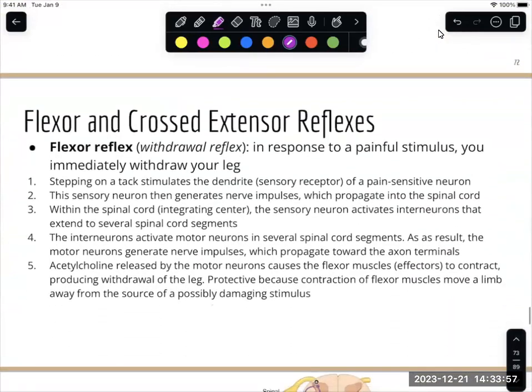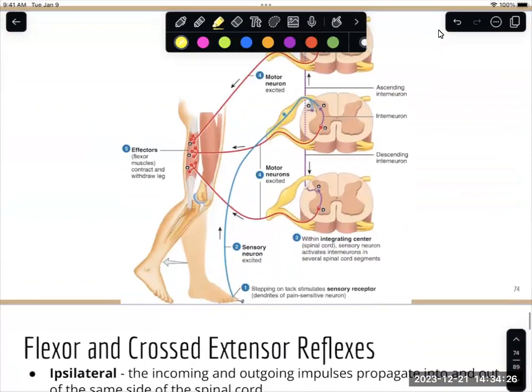Went through all of that, just about. So let's look at some other types of reflexes here. We have a flexor reflex or a withdrawal reflex. The best example, touching something hot on a stove, pulling your hand away, you're flexing your elbow, you're bending your arm. That's a flexor reflex. Or you step on something on the ground, you pull your leg off. That is a flexor reflex. This one, this person kicked a nail or stepped into a nail.